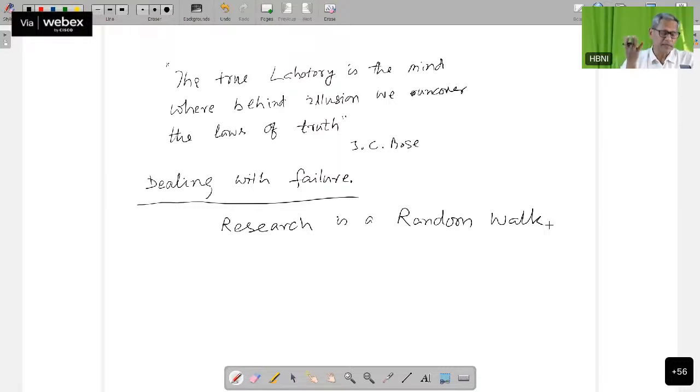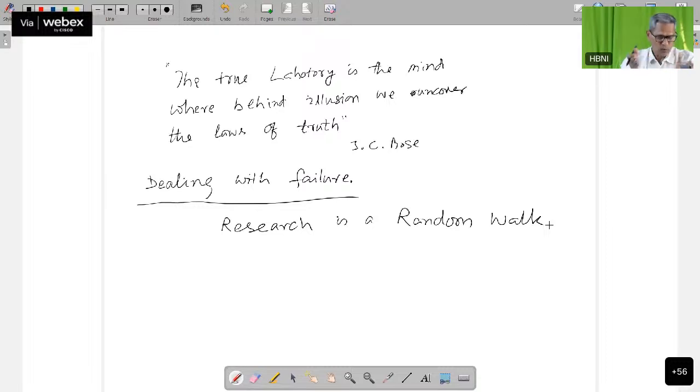If they have missed something, then you have a chance to do it. And sometimes students think that I will first learn everything by reading, then I will go for research. That's not the right way to do. You can read and do experiments simultaneously.